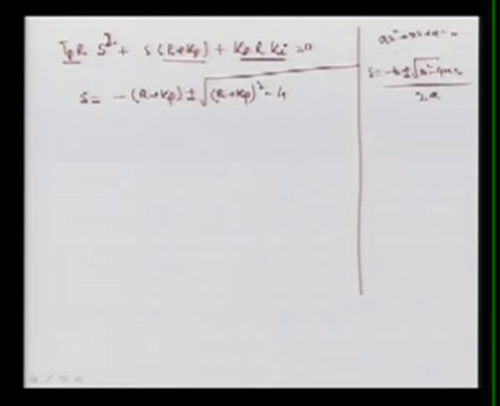This is basically the discriminant we call the under root term, the root of a quadratic equation. Similarly, I have written A as Tp R, and the denominator is 2 Tp into R.